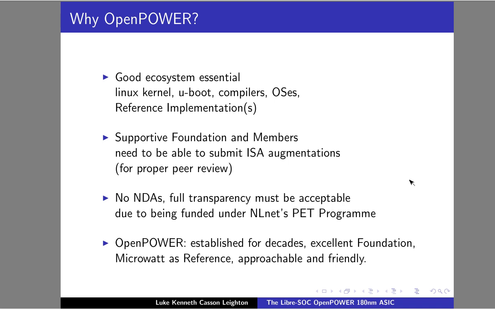There must be no NDAs. Full transparency must be acceptable because our team is funded under the NLnet Privacy and Enhanced Trust Program. And it turns out that one of the conditions of the transference of the instruction set responsibility from IBM to the OpenPower Foundation was that RFCs, requests for change to the instruction set, be allowed from people who are not necessarily members of the OpenPower Foundation.